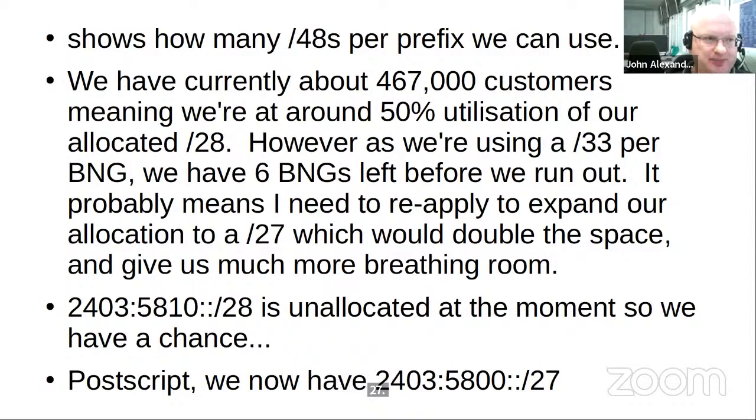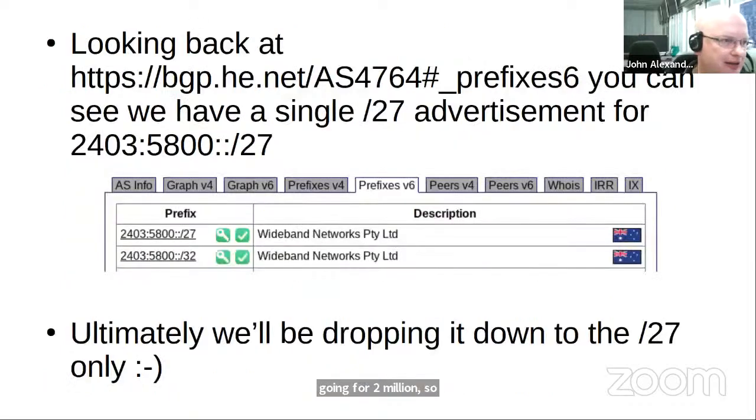Our BNG support had a /33 assigned to them, which would give them 32,000 customers, 32,000 IPv6 addresses, so it worked fine. The /27 gave us much more breathing room, and we now have that. And much to, which will make Jeff happy, we are now only advertising the /27. I am still advertising the /32, which was our original /32.